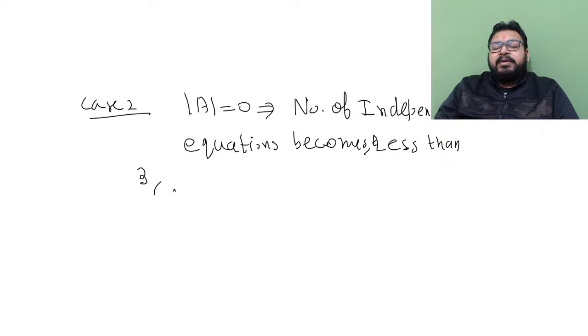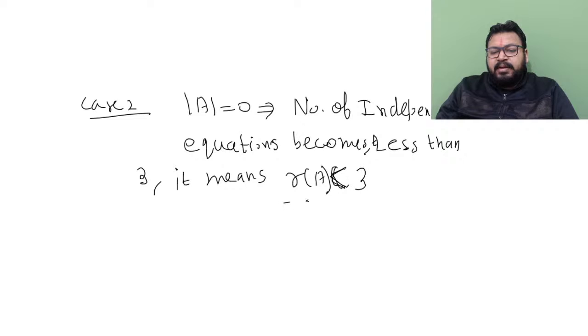Number of independent equations becomes less than 3. Okay, it means अगर number of independent equations ही कम हो गई, which means the rank of A is less than 3. rank of A भी 3 से कम हो जाएगा, ये 3 नहीं होगा.